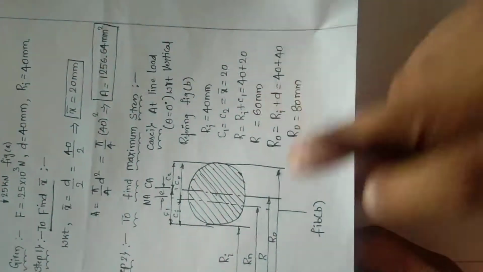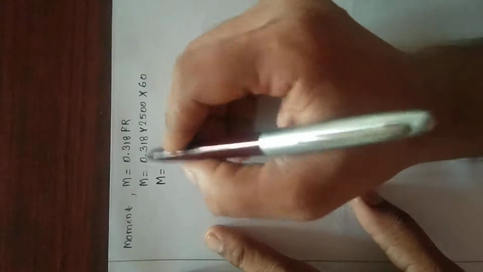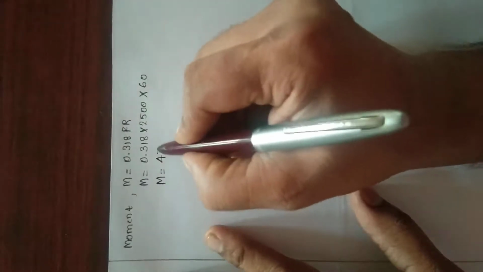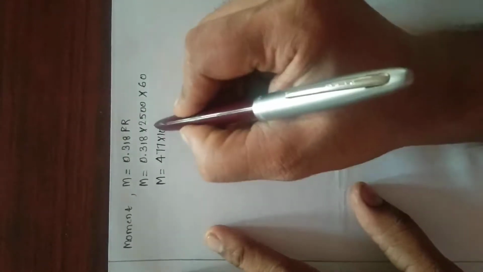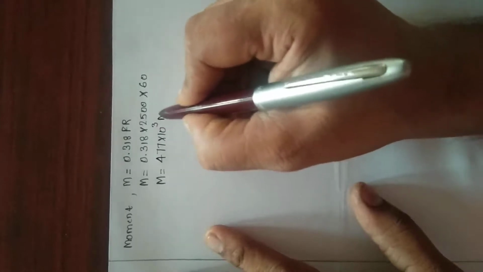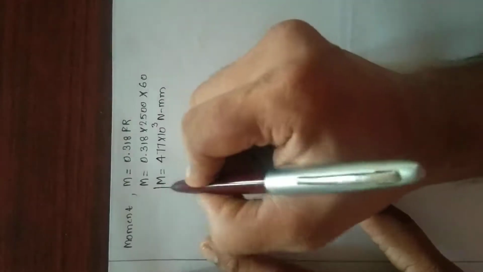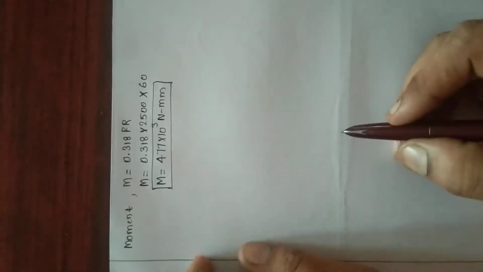So what do we get? M is equal to 477 into 10 raised to 3 N per mm. This is the moment we got. Fine. So now we need to find E.